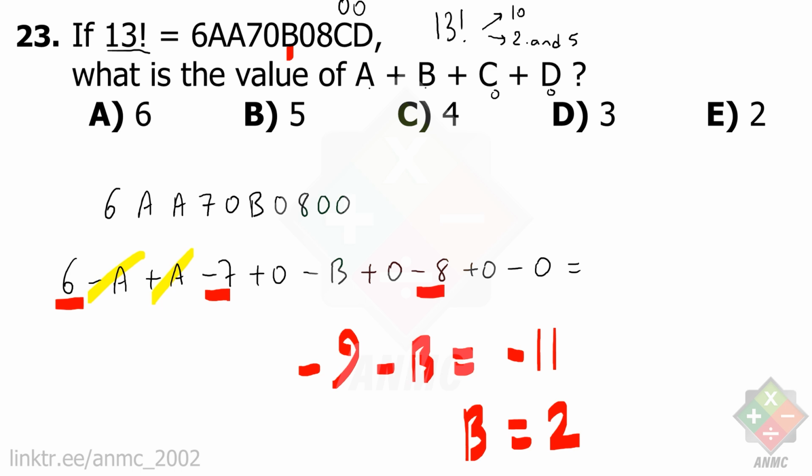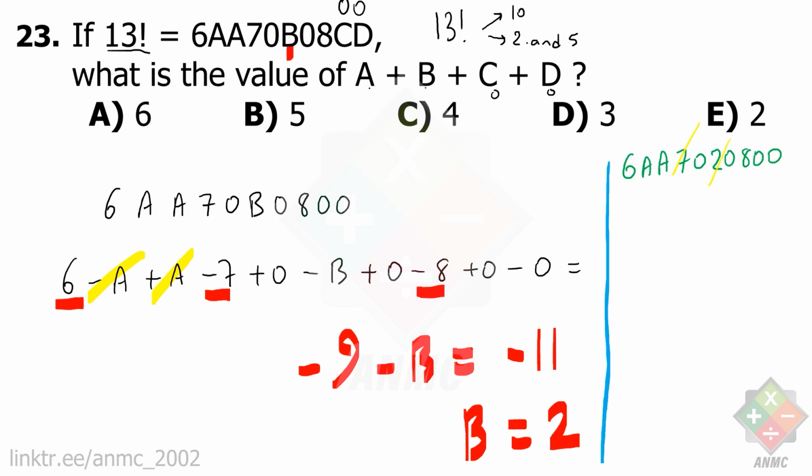Then we need to find A. 13 factorial is also a multiple of 9. So the sum of the digits must be a multiple of 9. Let's check that side. 6A, 7, 0, B is 2, we have found, 0, 8, 0, 0. What is the sum of this number? 7, 2 has gone.